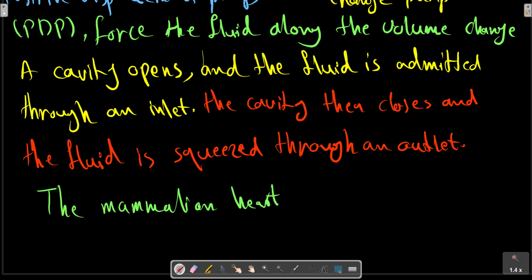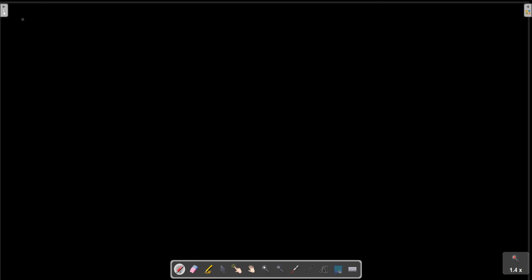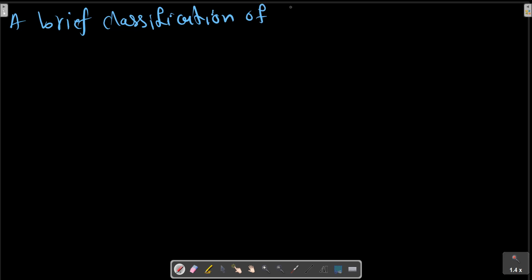A brief classification of PDP, positive displacement pump, design is as follows.